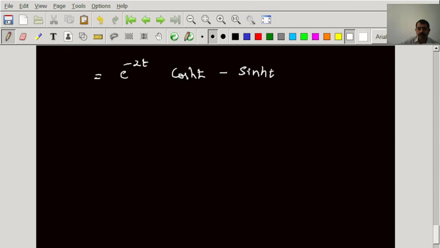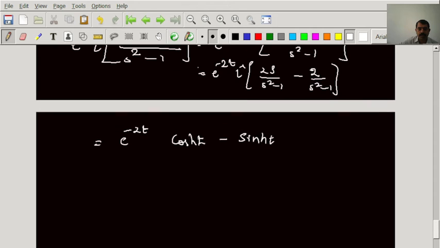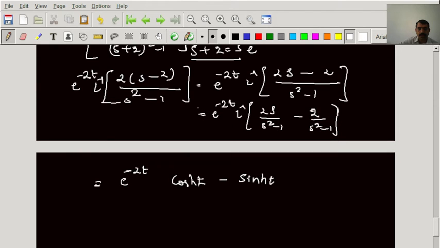See here, e power minus 2t is there, here 2 is there, so we write 2, and the numerator 2 is there, we write it as denominator 2. Remember, if we apply the Laplace, we must get the same answer.